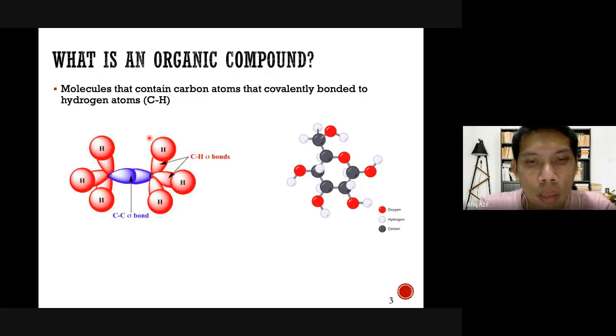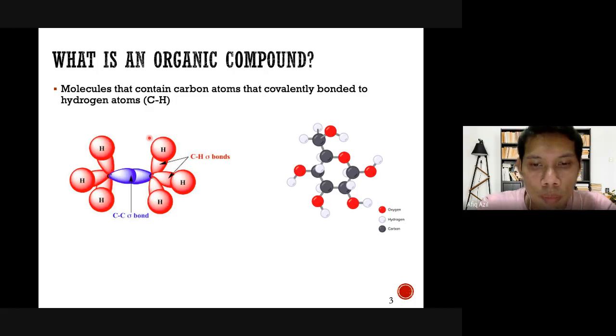Some of them may be synthetically made, or they are available naturally in plants or probably in animals. So that is why a pharmacy or pharmaceutical science student needs to know, especially the organic chemistry part.